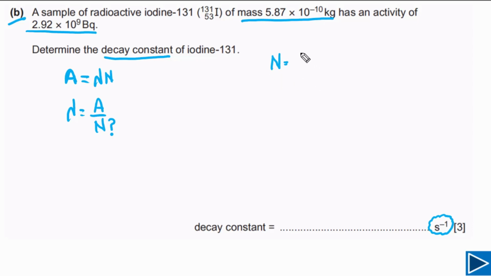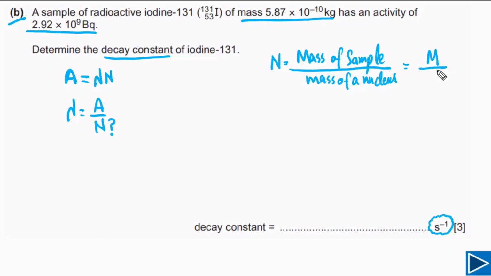The number of nuclei you can calculate by dividing the total mass of the sample by the mass of a single nucleus. Let's say the mass of the sample is equal to capital M, and the mass of a nucleus is small m.